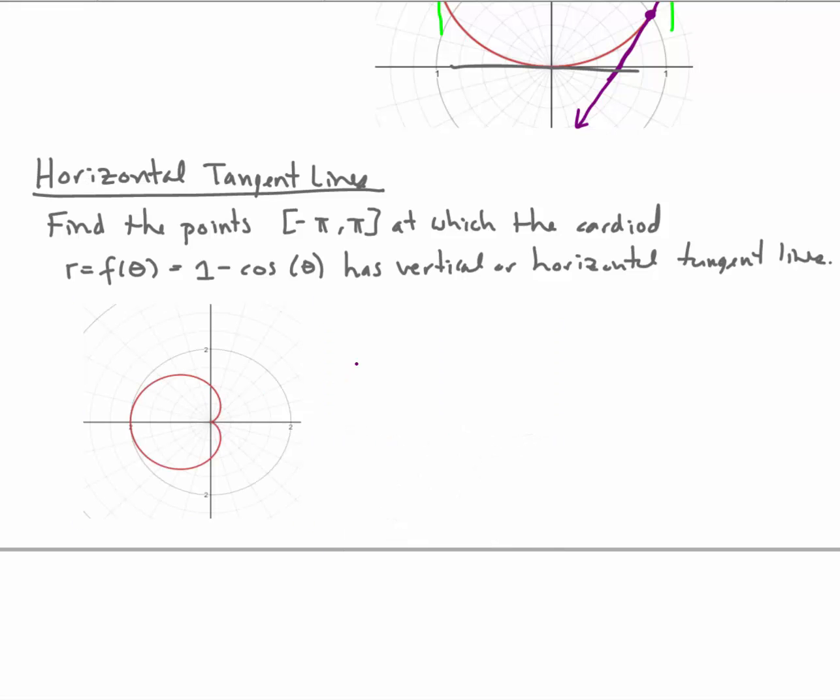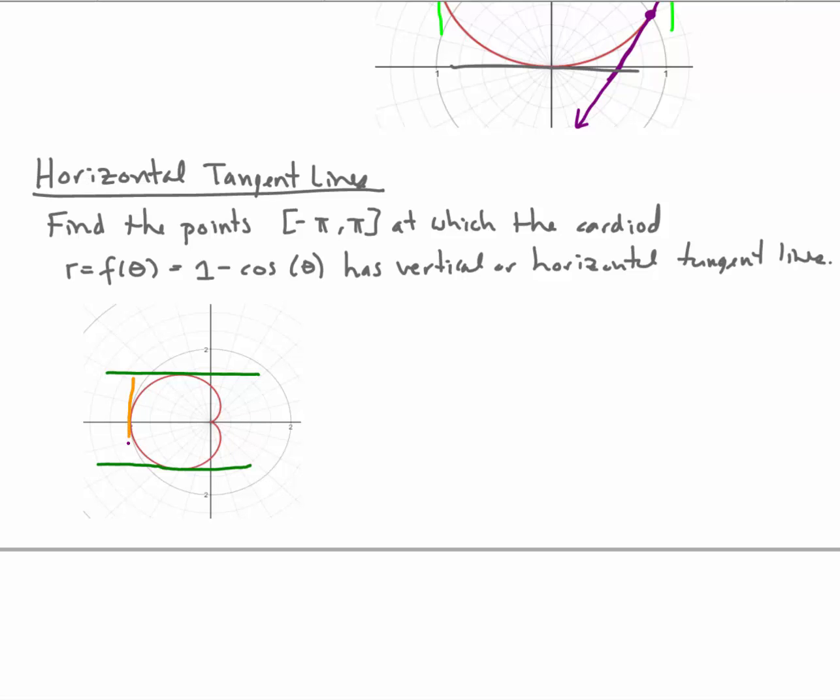If I were to look at these in terms of horizontal tangent lines, it looks to me there's a horizontal tangent line here. I'll need to figure out what's going on here in terms of where that occurs. Also a horizontal tangent line below to figure out where that happens. And there could be a horizontal tangent line here. I'm not sure. We'll have to check.